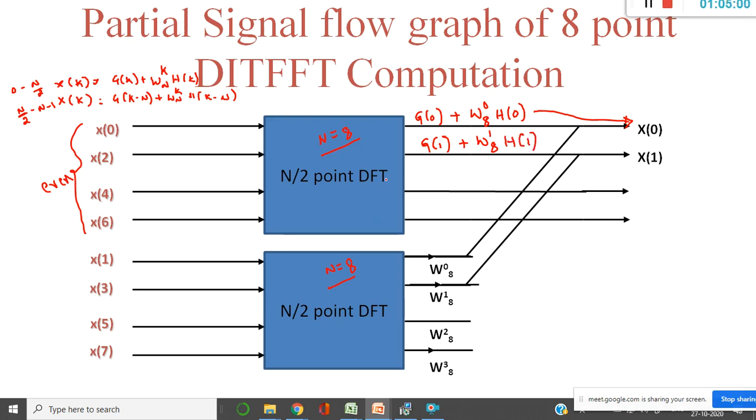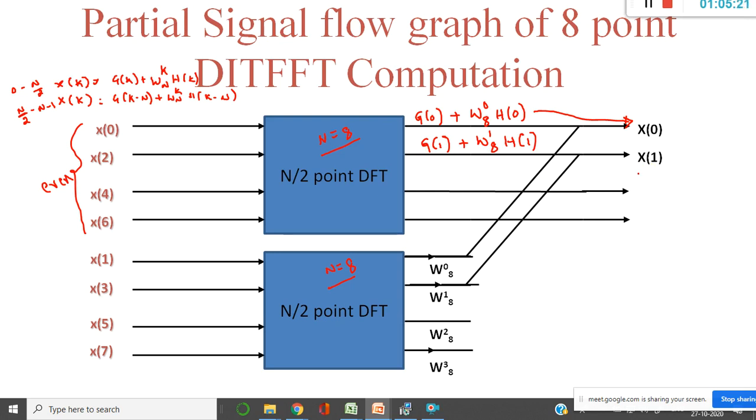So X of 0 is received as g of 0 plus W_8 to the power of 0 times h of 0. Similarly, X of 1 is calculated as g of 1 plus W_8 to the power of 1 times h of 1.